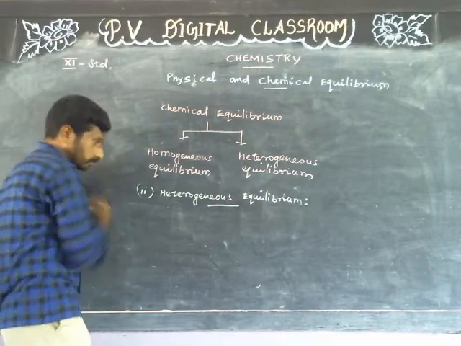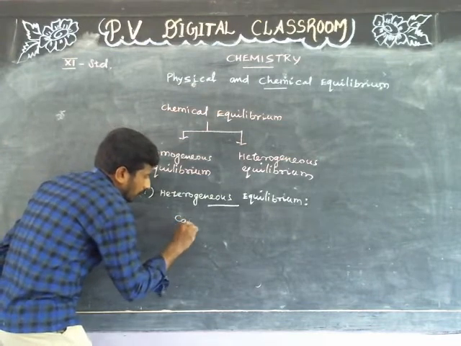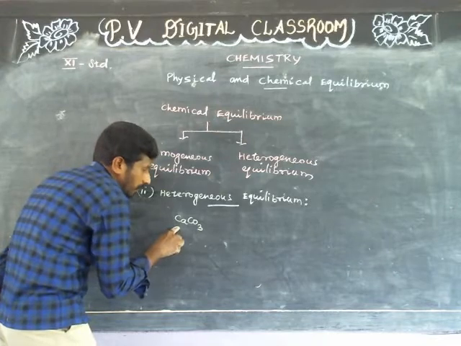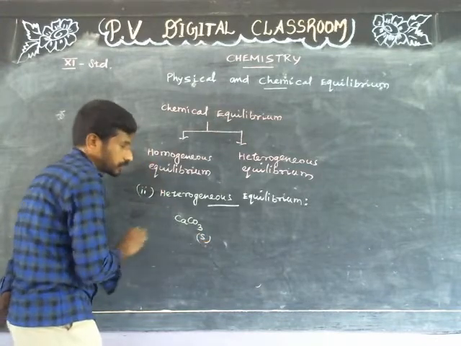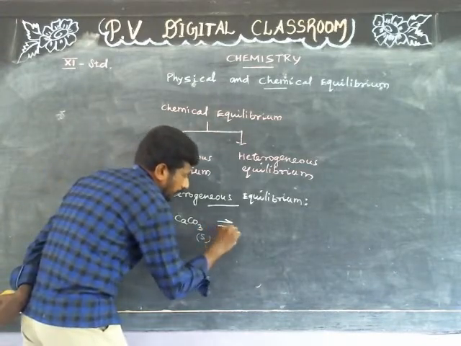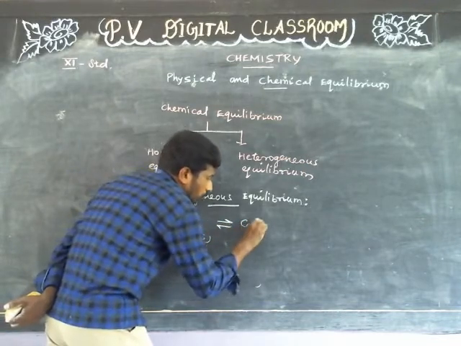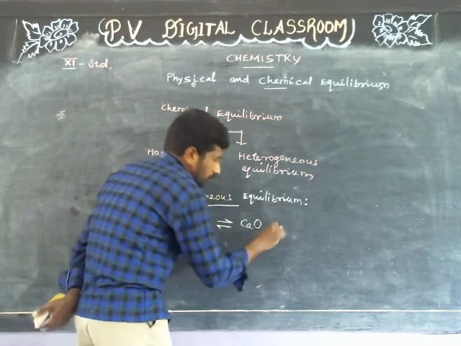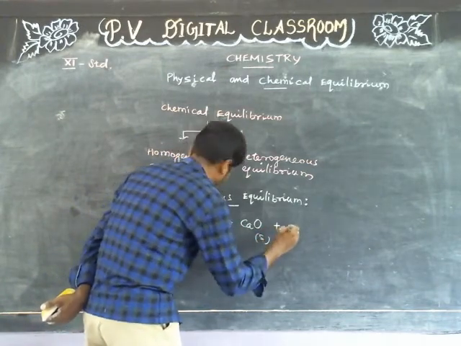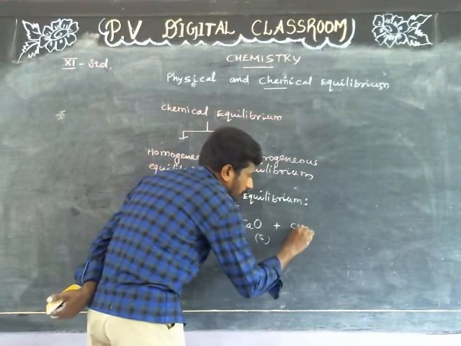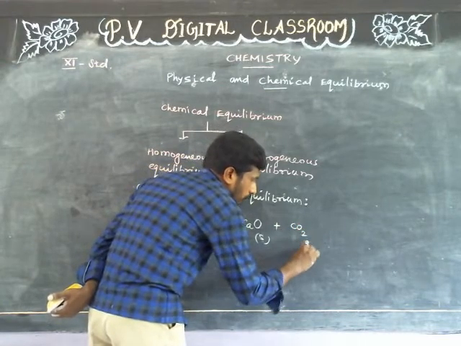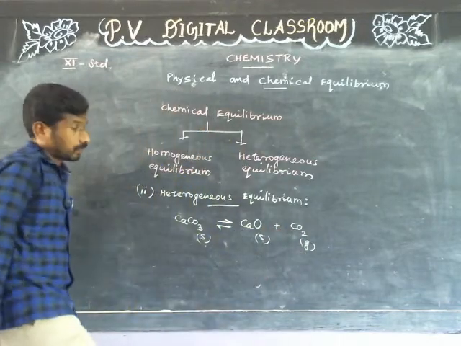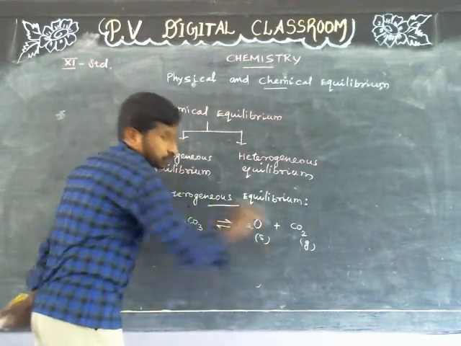Example: CaCO3, calcium carbonate, which is present in solid state, in equilibrium with CaO, calcium oxide, also in solid state, plus CO2, carbon dioxide, present in gaseous phase.